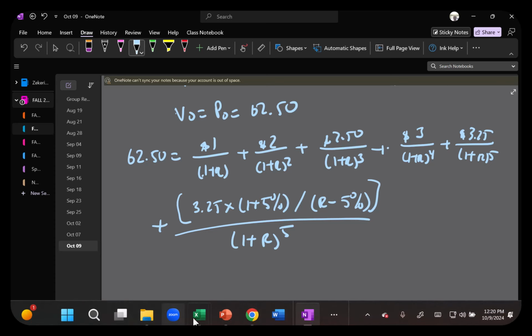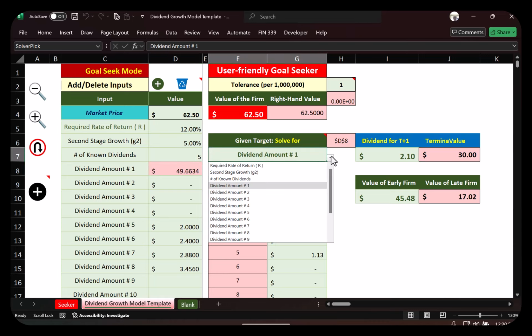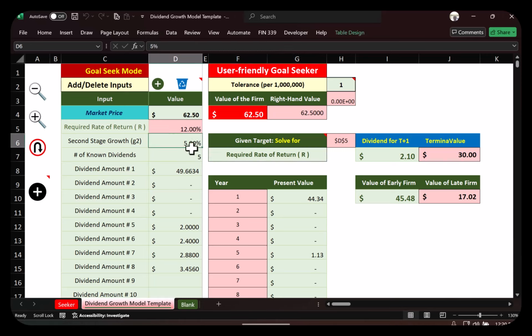Simple. What's my inputs? Number of known dividends is 5. Right now it's solving for dividend 1, but I'll worry about that. In fact, let me change the unknown to required rate of return. That's 5%. 5, 1, 2.50, 3, 3.25.